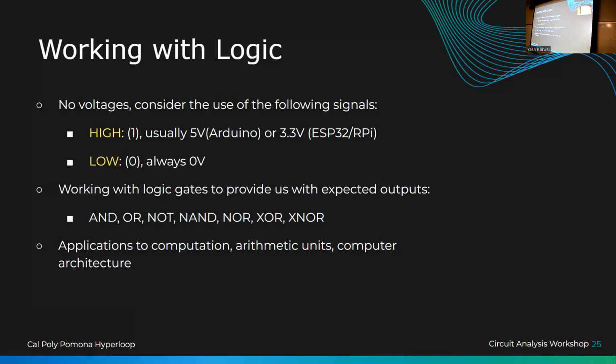Logic gates can either be high or low. High is usually 5 volts or 3.3 volts, and low is usually 0 volts, and it's always a low power.